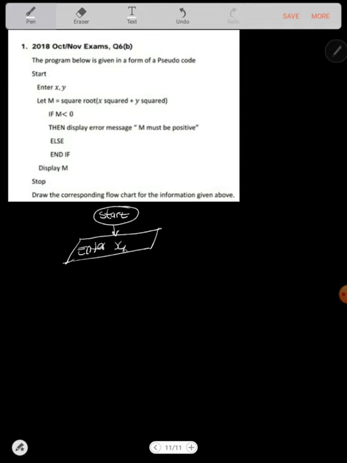Enter x and y. After we entered x and y, let m be equal to the square root of x squared plus y squared. So this is a processing. It's a formula, by the way. So you show it with a rectangle. That's saying let m be equal to the square root of x squared.